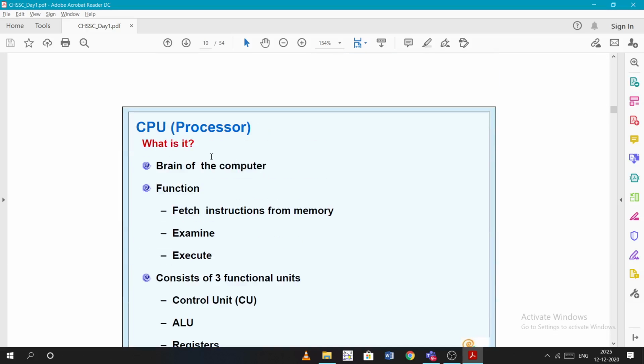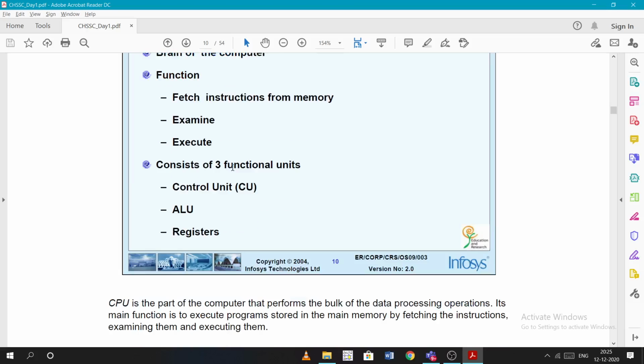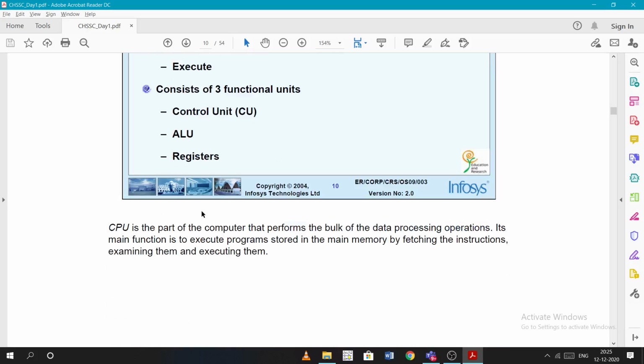So now coming to the CPU. The CPU is the processor, the brain of the computer. It functions for fetching an instruction from memory, examining, and executing it. It consists of three functional units: the control unit (CU), the arithmetic logic unit, and registers. The CPU is the part of a computer that performs the bulk of the data processing operations.